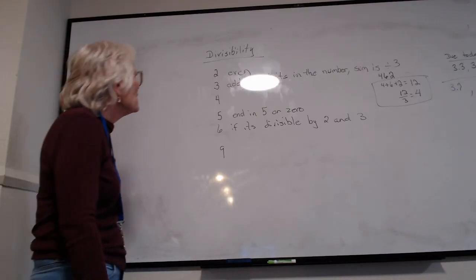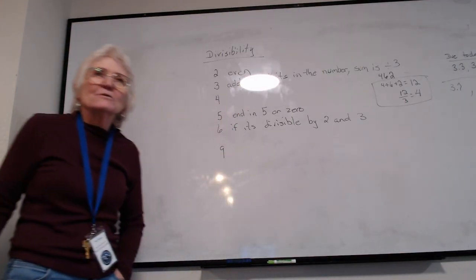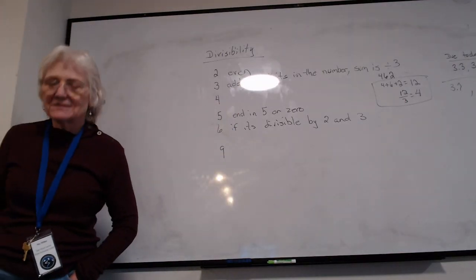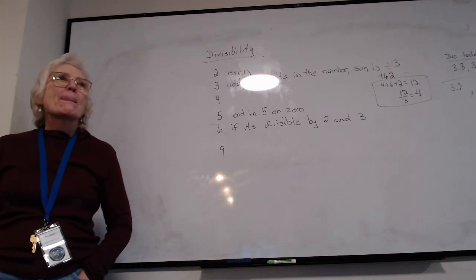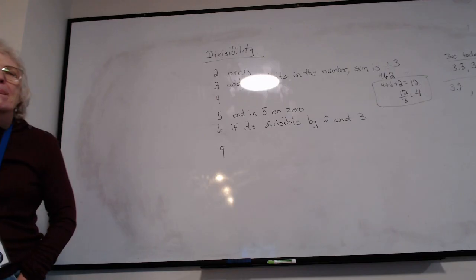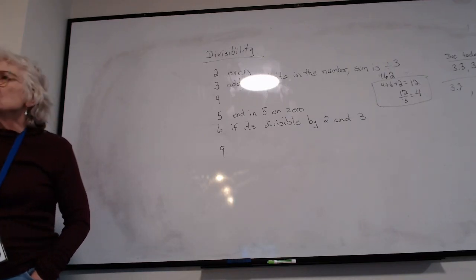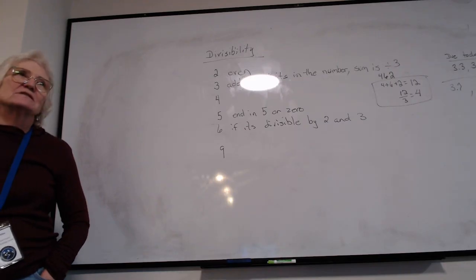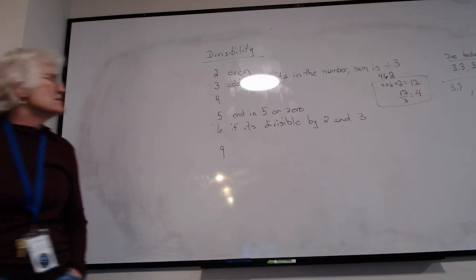Okay. So for 4, does anybody know what it is? 2 or 4, or maybe any even number that's under 10, or no. So it's if the last 2 digits are divisible by 4, then the whole number is. Let's look at that.